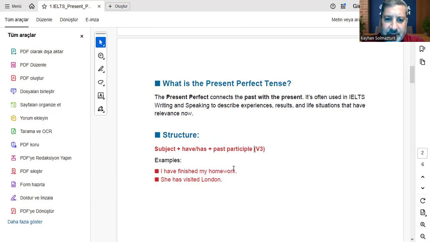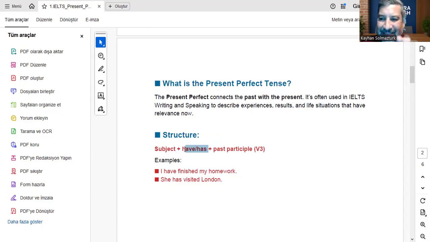The second most important thing for the structure part is you have to make the subject and the verb. But as I told you before, for perfect tenses we have two verbs here: verb three and the auxiliary verb have or has.